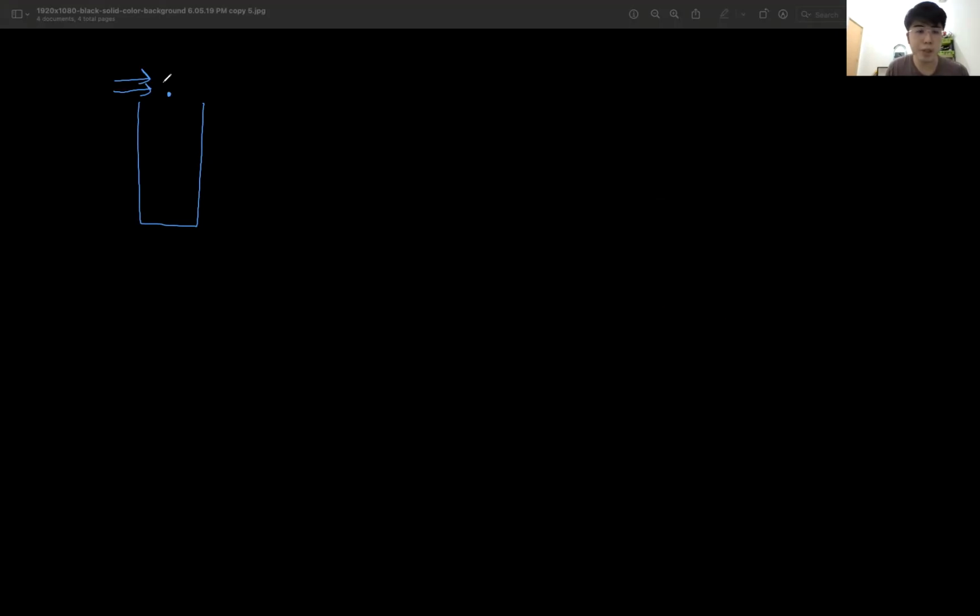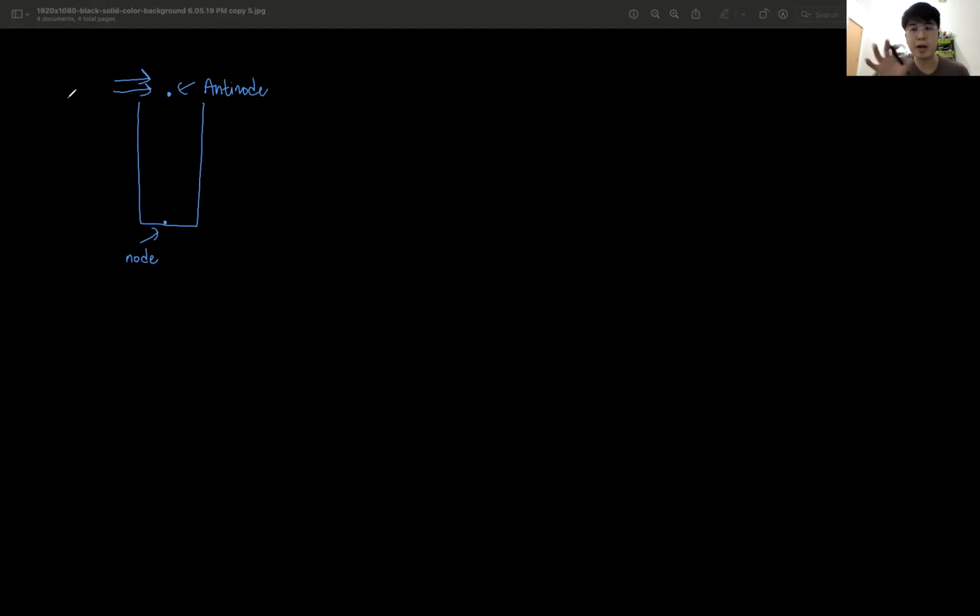There's a freedom of motion for the particle up here. But for the particle down here, there's no freedom of motion. So here is a node, and here is an antinode.